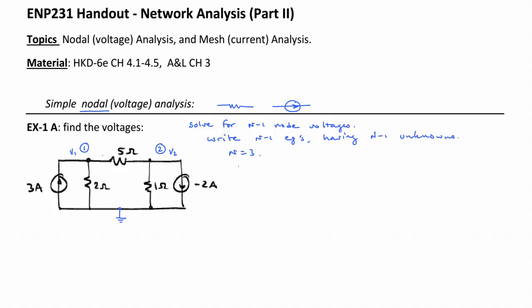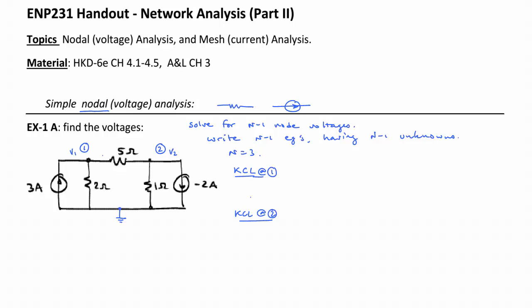So how do we go about doing that? We're going to write a KCL equation at each of those nodes. So we're going to write KCL at node 1, and we're going to write a KCL equation at node 2.